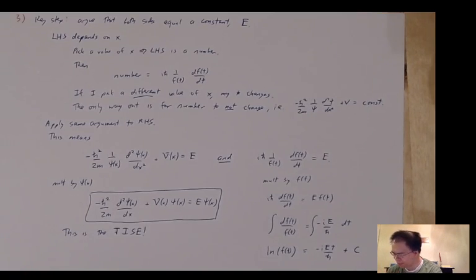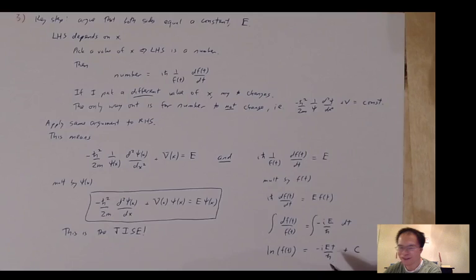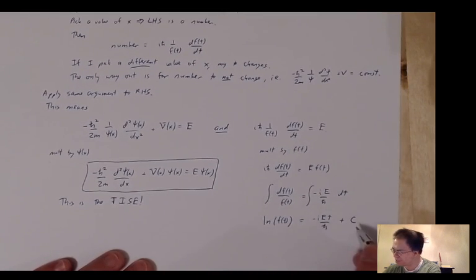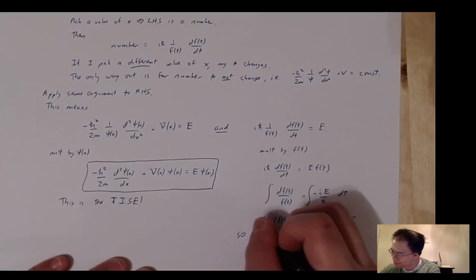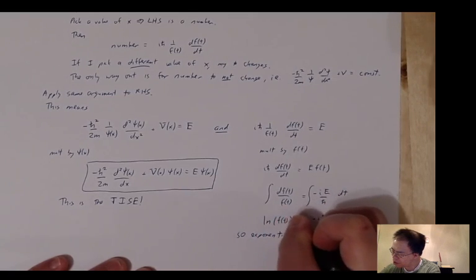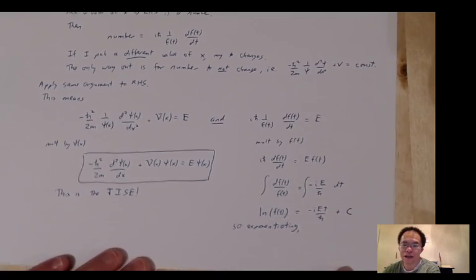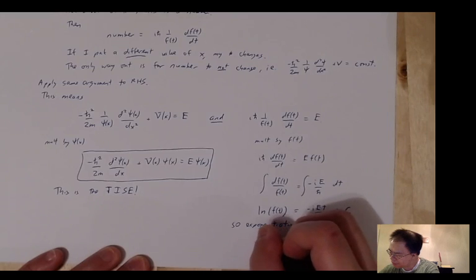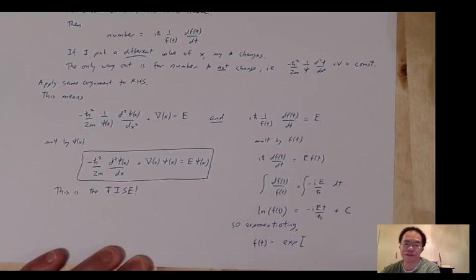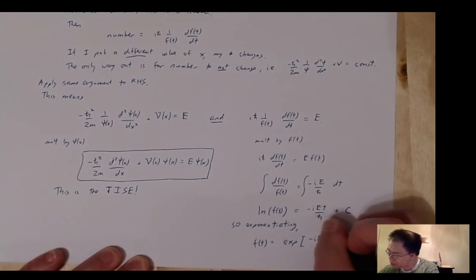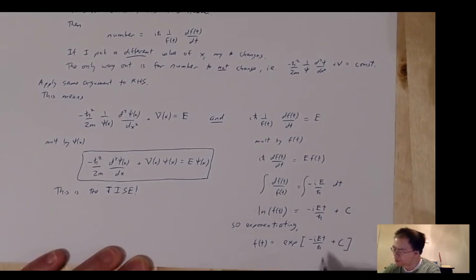So now you can simplify this by raising this entire thing as e to all of this to get rid of the log. So exponentiating, I get f of t equals e to the minus i E t over h bar plus c.